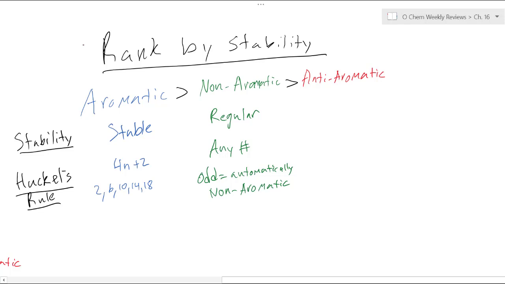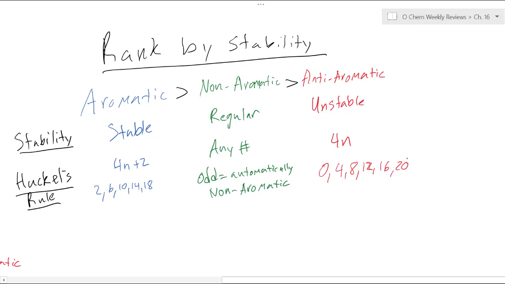And then lastly, anti-aromatic is unstable. It has the Huckel's rule equation of 4n, and it has the pi electrons of 0, 4, 8, 12, 16, 20.